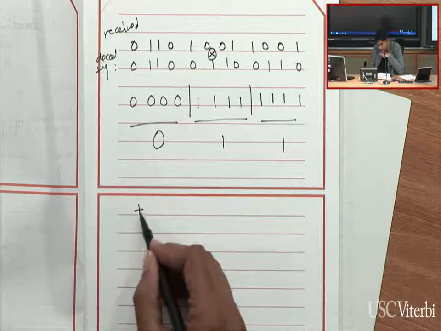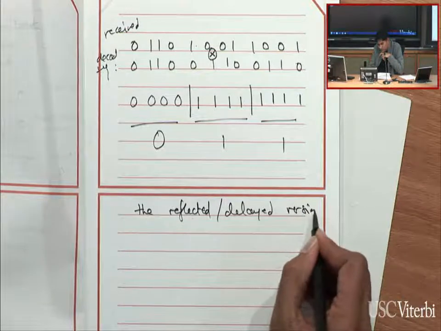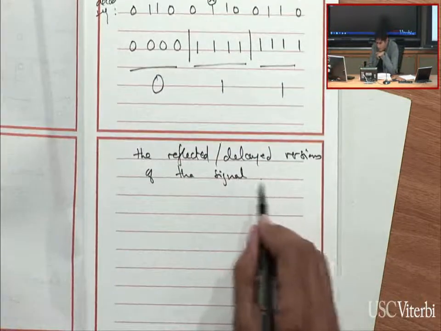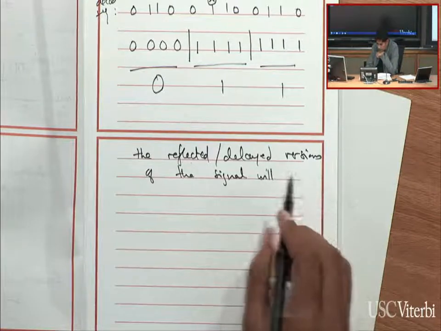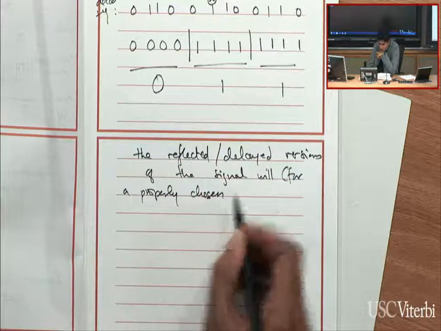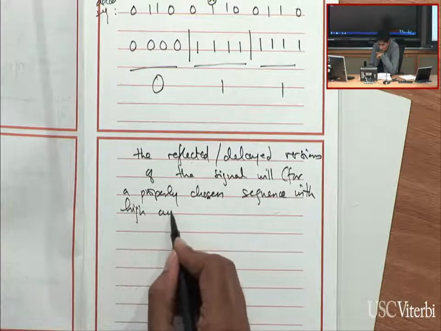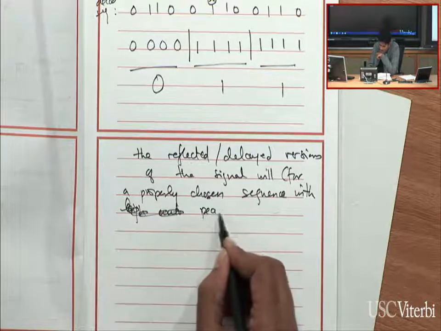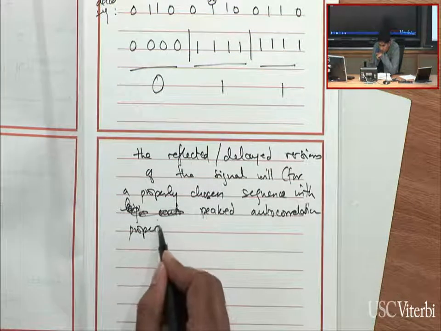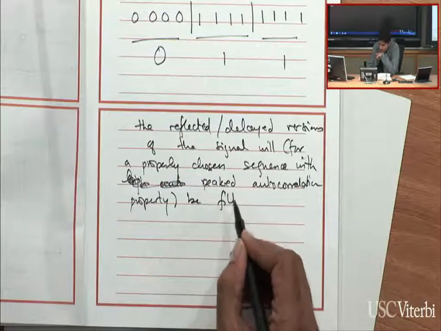So one thing is that the reflected or delayed versions of the signal, for a properly chosen sequence with a peaked autocorrelation property, will be filtered out.